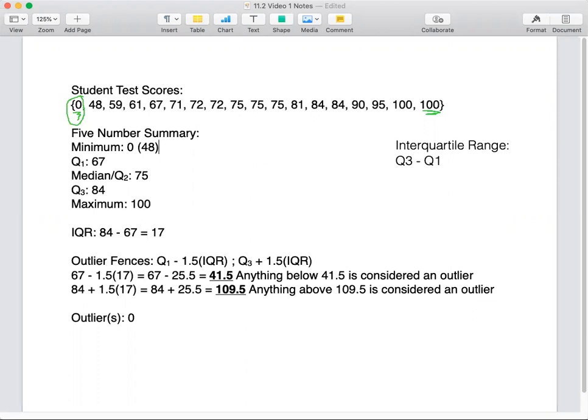The reason I'm putting the 48 here is that while 0 is in fact the minimum value of our data set, when we're constructing our box plot in our next video, you're going to find that we treat 48 like it's also the minimum value at the same time, because outliers get a very special treatment when we're creating a box plot. But you'll have to wait to see that in our next video.